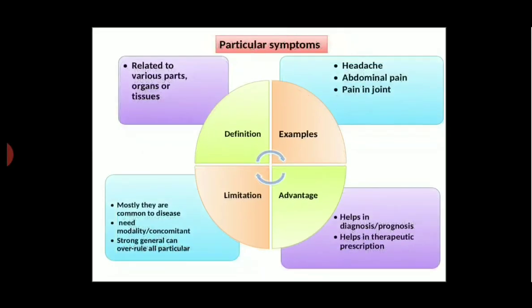Next symptom is particular symptoms. Those symptoms which are related to parts, organs, tissues, or systems are known as physical particular symptoms. For example, headache, abdominal pain, pain in joint, etc. Advantages or usefulness: they help in diagnosis or prognosis, and they help in therapeutic prescription when we do not have any mental or physical characteristic symptoms.